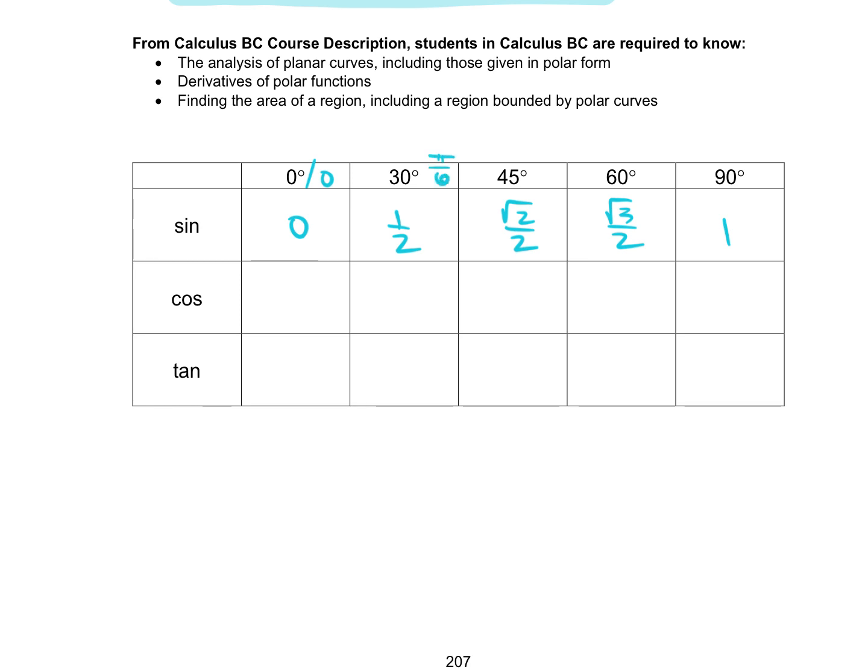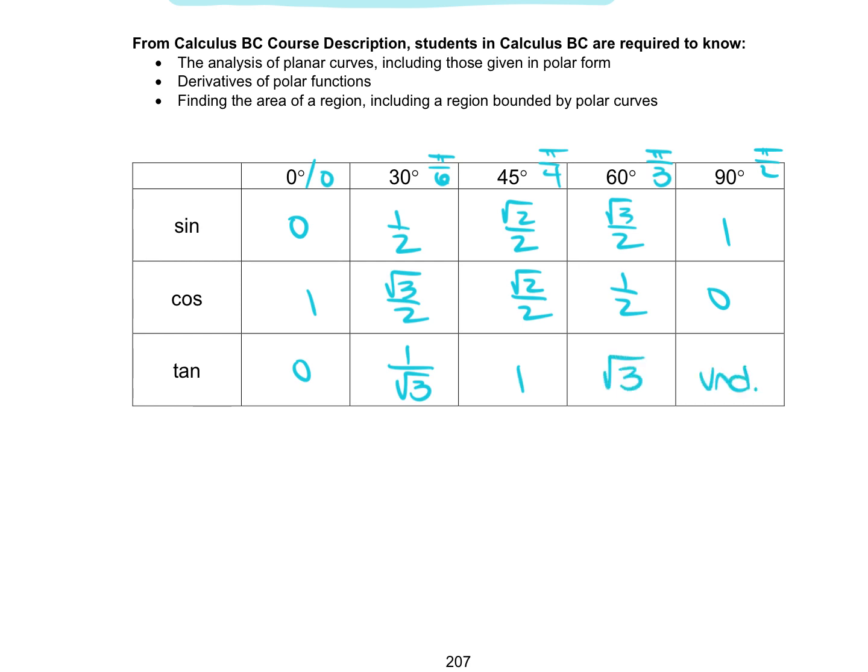Pi over 6, and then pi over 4, pi over 3, and pi over 2. Good. Cosine was sine reversed. And then how did we find our tangents? You divide. So I've got 0, 1 over root 3, 1, root 3, and undefined.